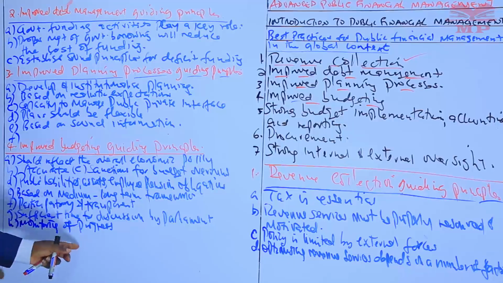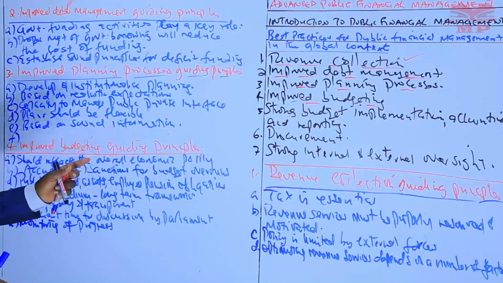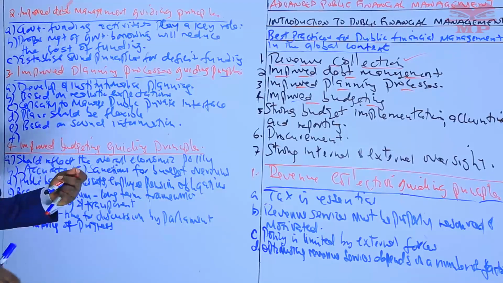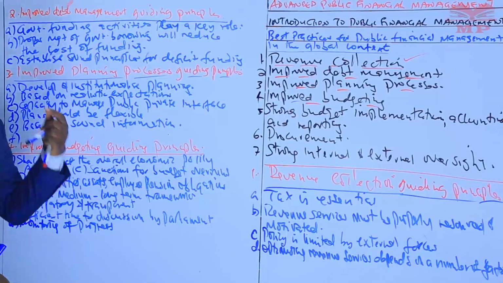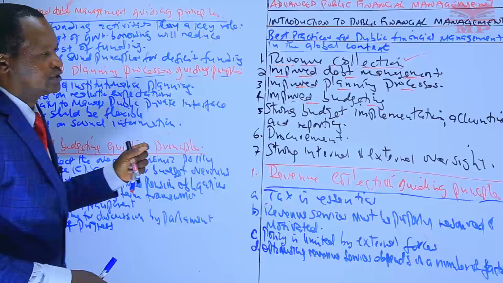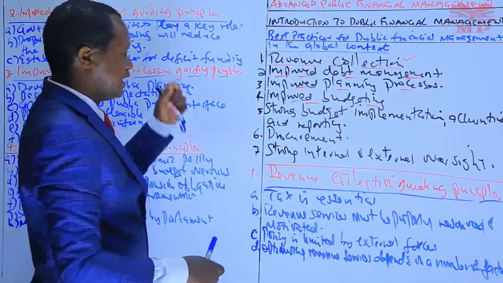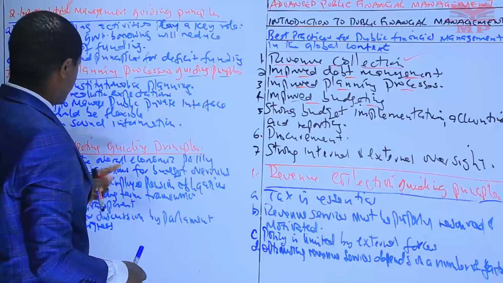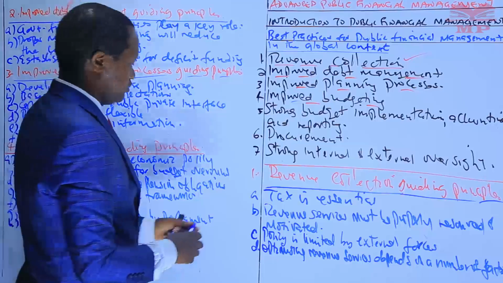So there must be monitoring of progress, and the budget should be focused on ensuring better outcomes and not inputs. So that is number 4.